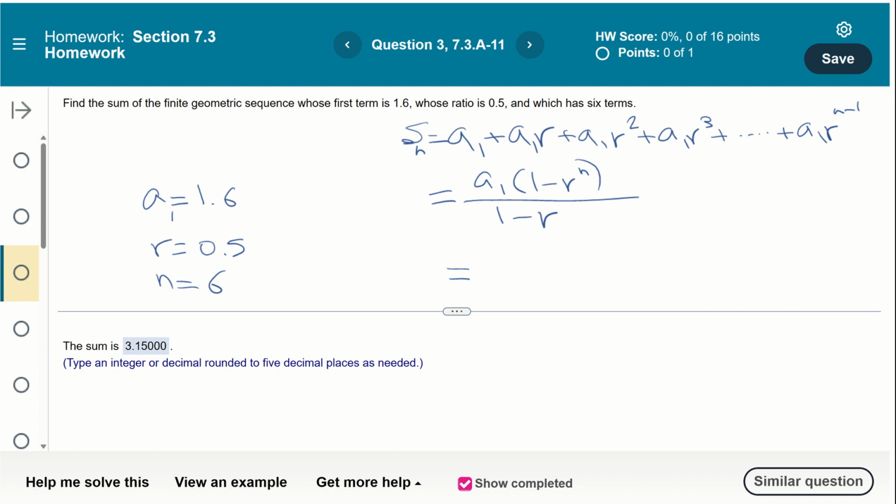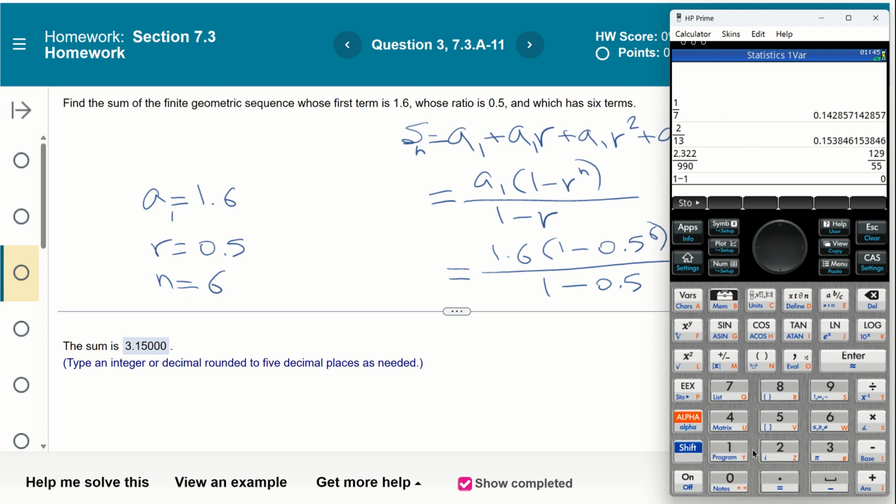So a1 is 1.6 times 1 minus r, which is 0.5, to the power of n, which is 6, over 1 minus r, which is 0.5. And if we work that out on a calculator, we'll see what we get.